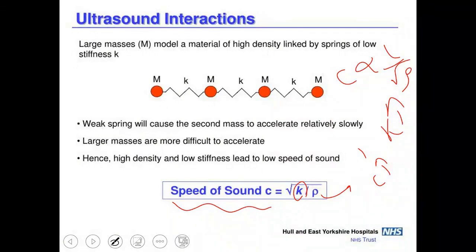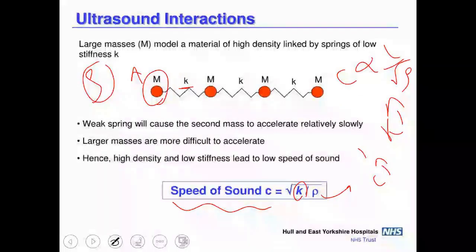Another example: if you increase the mass, meaning you increase the ρ, but your K is weak, you will find that the speed of ultrasound decreases because the particles are not tightly held together, even though the density is high. The particles are just not holding onto each other tightly.